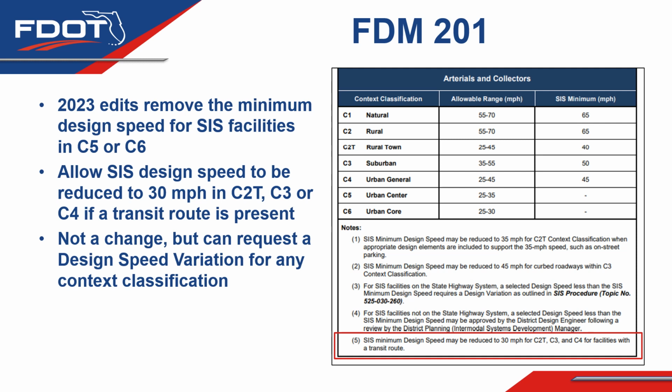And we've never had one of those turned down, and the folks at the SIS encourage us to submit those design speed variations where they're needed. Again, we are trying to respect the need and the direction from the legislature to provide freight traffic and goods, the movement of goods and services, but at the same time we have to respect the need of safety and community development in Florida, and so we are doing this in the best way we can to try to meet both of those needs.